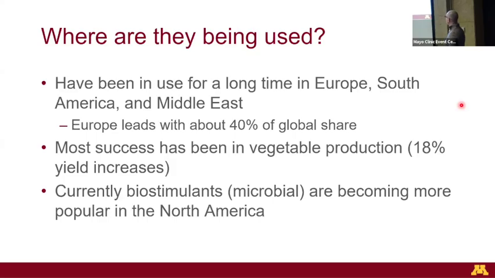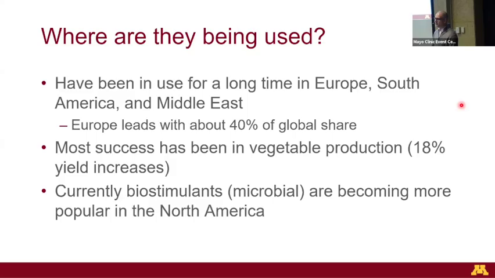Those products have been used for a long time in Europe, South America, and the Middle East. Europe today leads the global share, with about 40% of the products being used and the market share being in European countries.